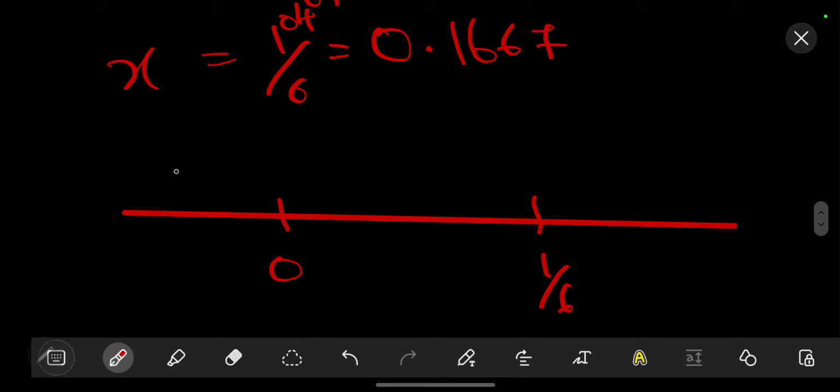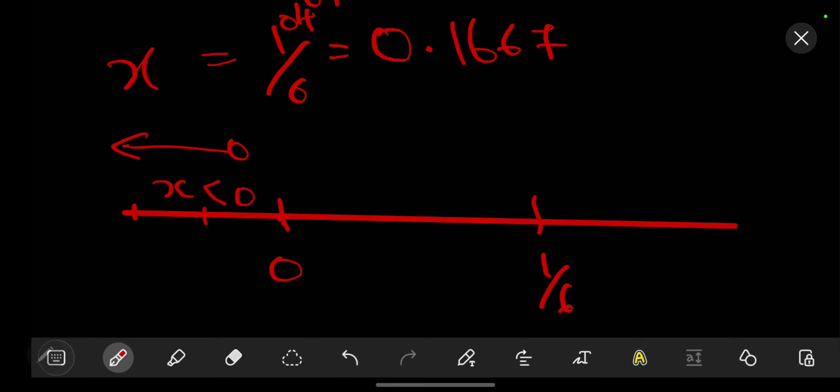Now we ask ourselves, if 0 is here, this means that we could have -1, -2 here. So all the values on this side are less than 0, so x should be less than 0.